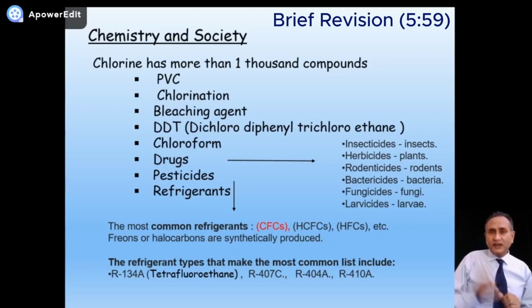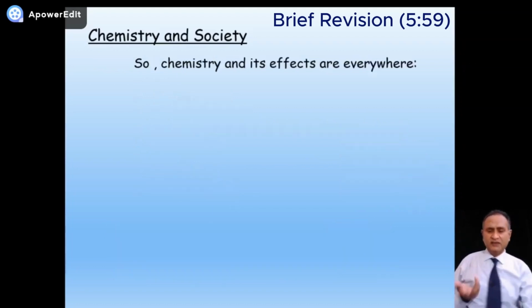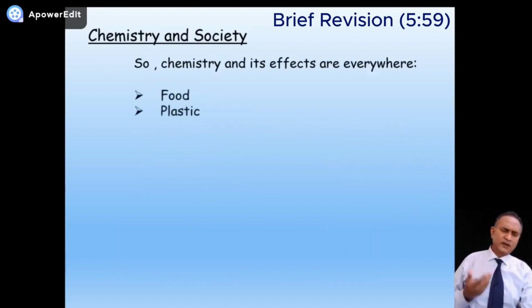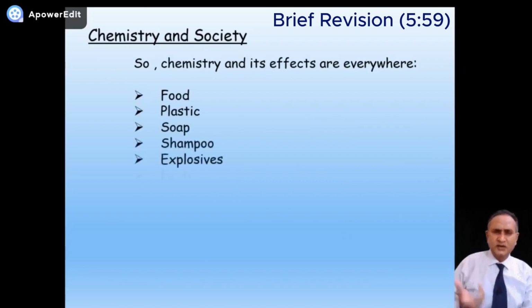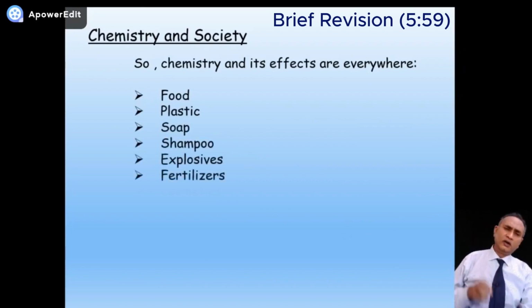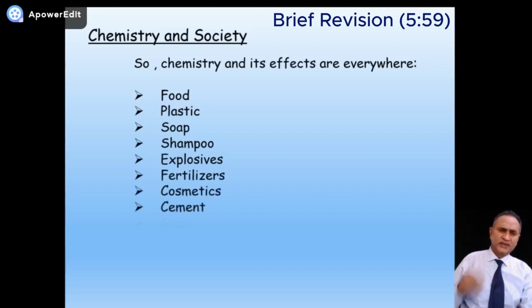So only chlorine we discussed, and we came to know that chemistry is really very important. It plays a very vital role in our daily life, right? So chemistry and its effects are everywhere, like different kinds of food, might be butter or margarine or tomato ketchup or this sauce or that sauce.